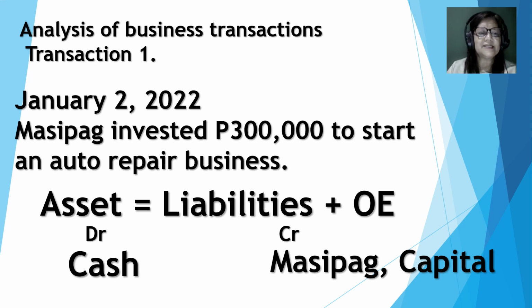The entry is debit cash 300,000 and credit Masipag capital 300,000. So there is a need to write the explanation, a brief explanation. The explanation would be to record the initial investment of the owner.